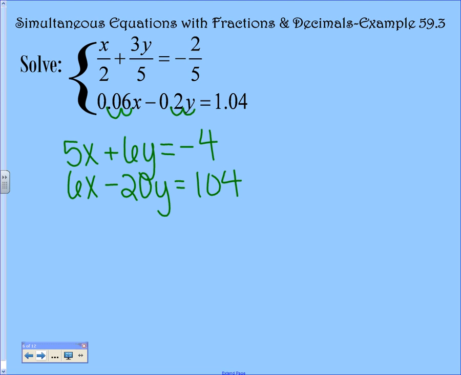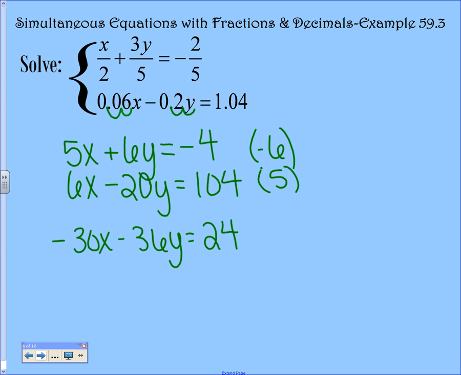Elimination is going to be better. Okay, multiply by -6. And multiply this one by what? A 5. So y'all are wanting to eliminate your x, because those are going to be smaller numbers. Okay, so for your first equation, you would have negative 30x minus 36y.